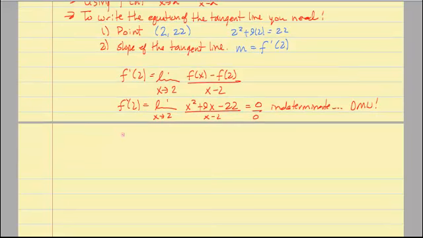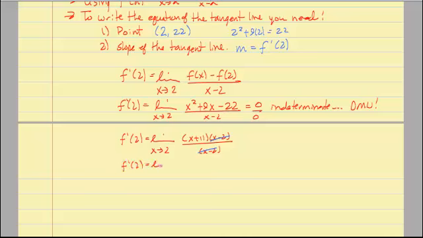Well, the more work that I want to do here is probably to factor this. So let's hope that it factors. I think it will factor into a nice little product of binomials: x plus 11 times x minus 2, all over x minus 2. The x minus 2's cancel, and I'm left with f prime of 2 equal to the limit as x approaches 2 of x plus 11.